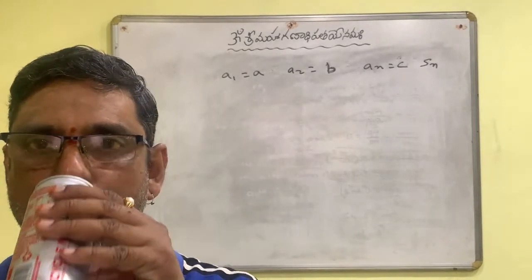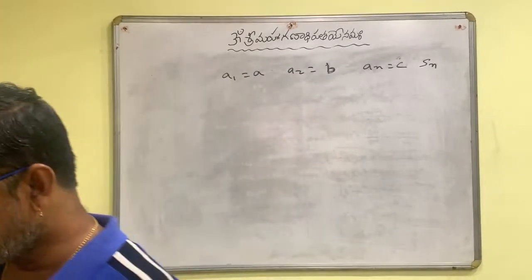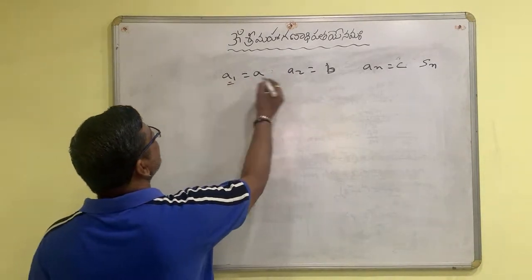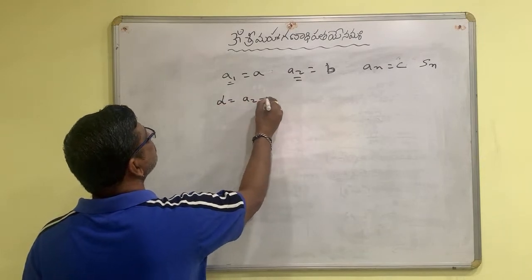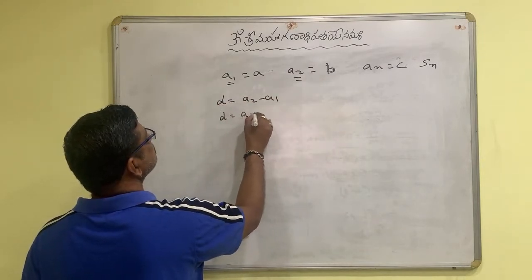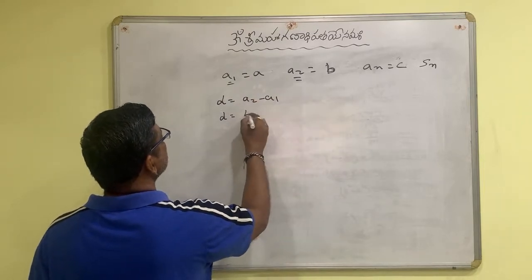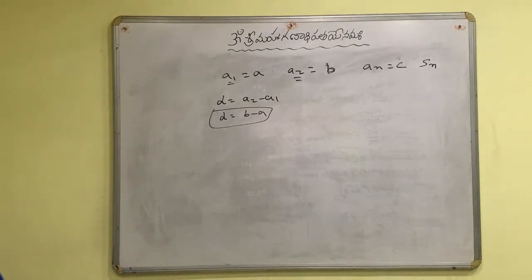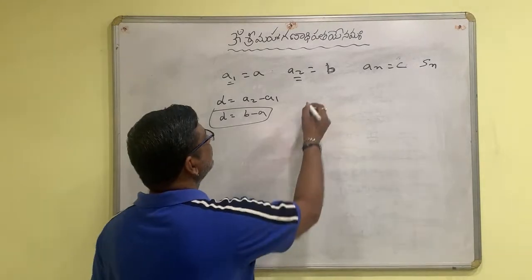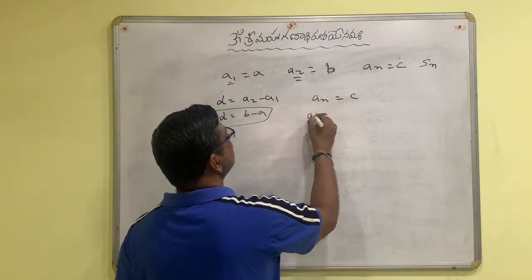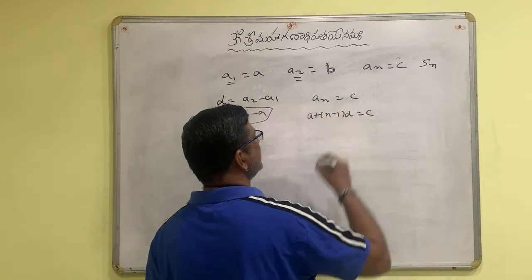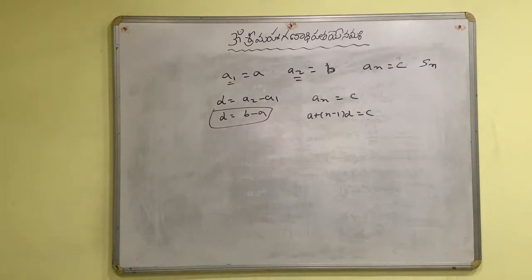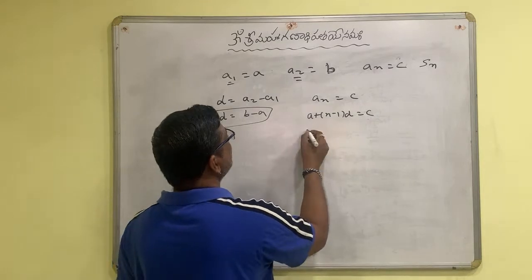How to do it? Anyone? Since we know A1 and A2, we can find out D. D is B minus A. Now, AN is C. That means A plus N minus 1 into D is C. So A is A only.